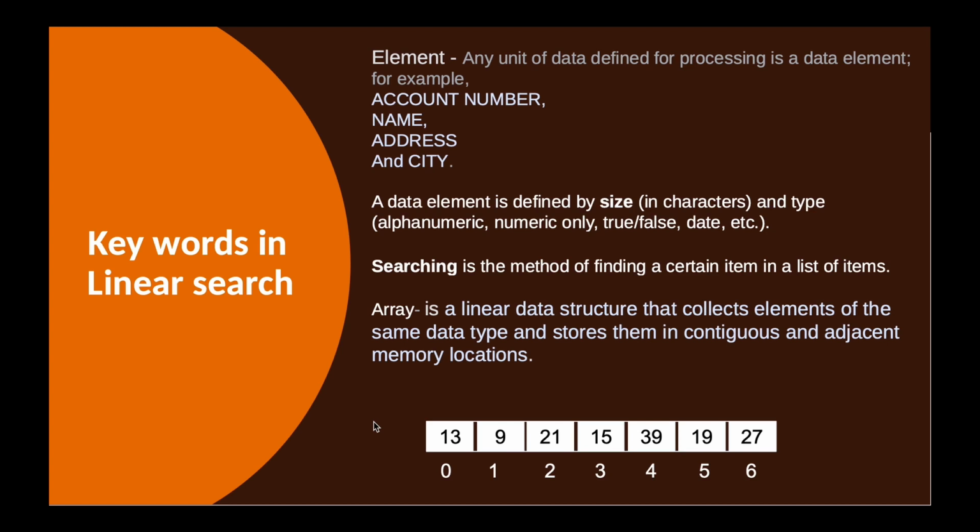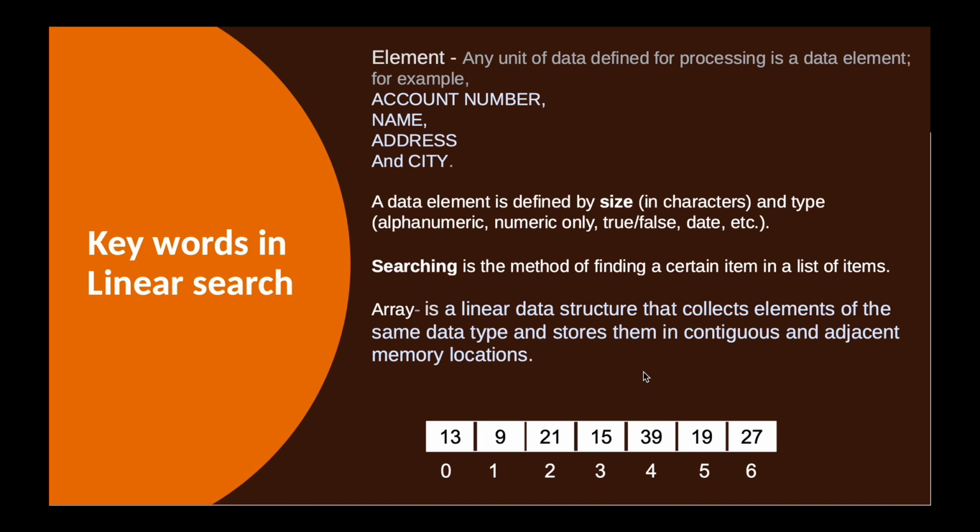So what we are seeing down here is what we call an array. An array is like a container that collects the same type of data and stores them, for it to be able to be searched.